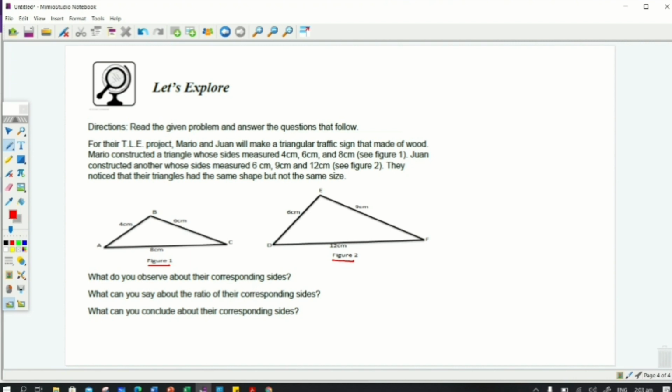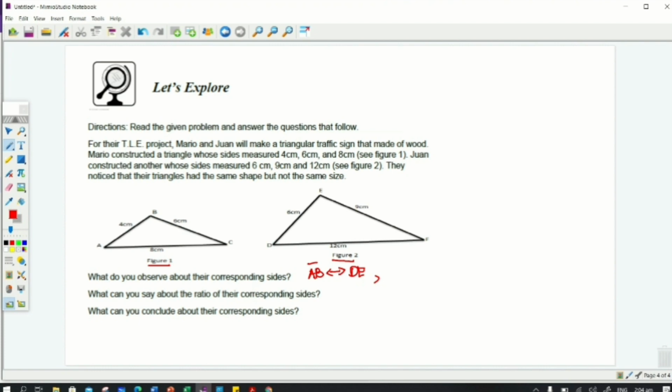When we say corresponding sides, these are sides that are in the same spot but in different figures. Here, side AB corresponds to side DE. Take note, this symbol here means corresponds to.